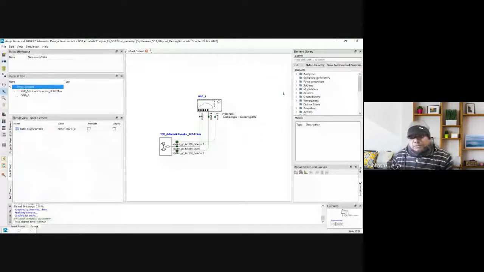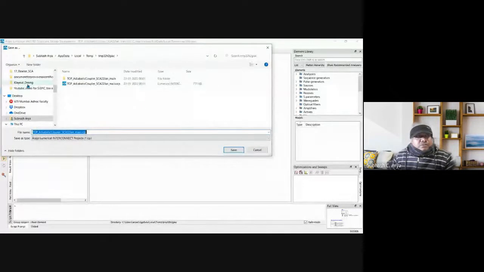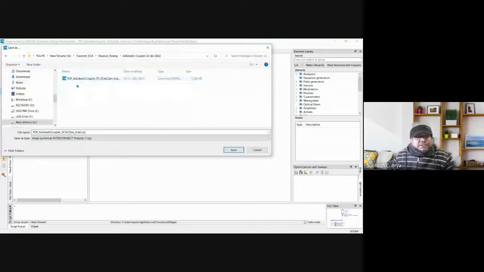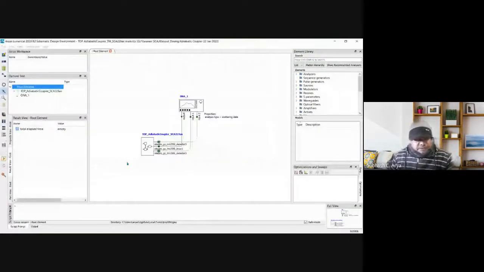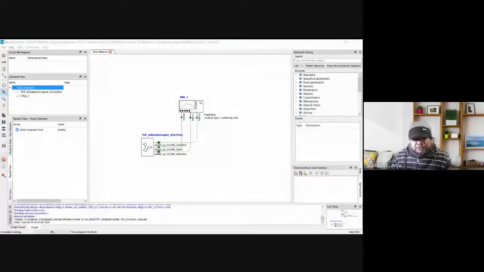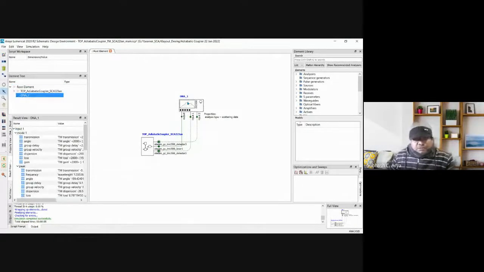I have to close this so that there is no confusion. Window, yeah, this is TM, so let me save it, save as first. Go to design, adiabatic, save, but only have to read it as TM. So let us simulate it. I hope it is visible. That is visible. Simulate it. Simulation complete.